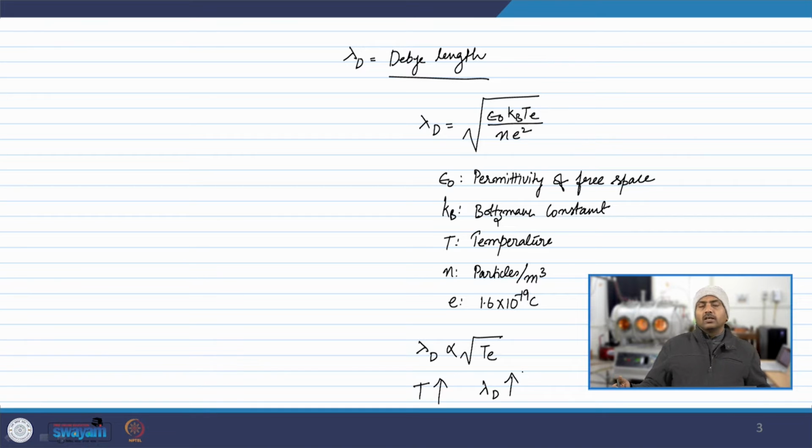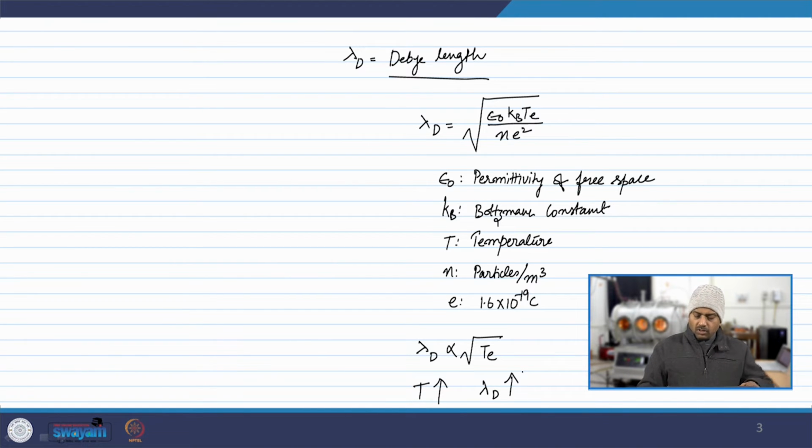How do you explain that? Electrons are trying to move around this positive charge, but just because of their inertia, they cannot neutralize the positive charge completely. If they have more velocity, because of the larger thermal velocity at larger temperature, they will occupy more space, and as a result, effectively the screening distance will increase.